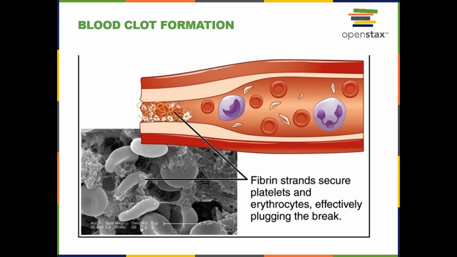As platelets become activated, they also release more clotting factors. As they clump up, they continue releasing clotting factors, activating more nearby platelets to clump up and release more clotting factors. This loop builds and builds until the ruptured blood vessel is sealed off.